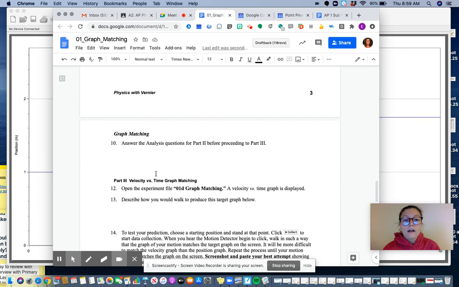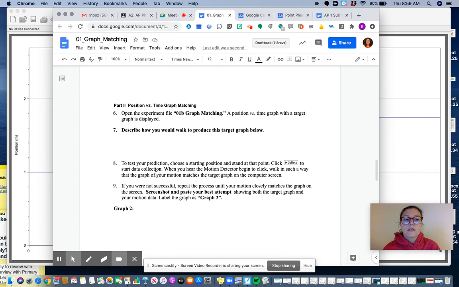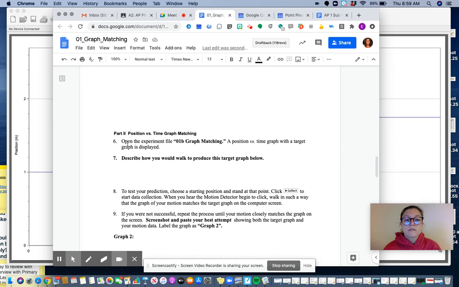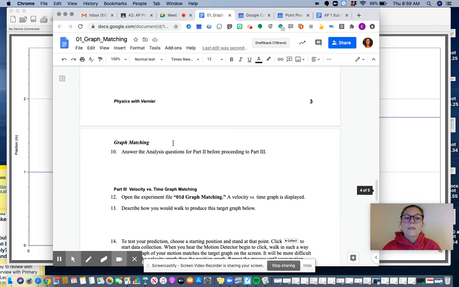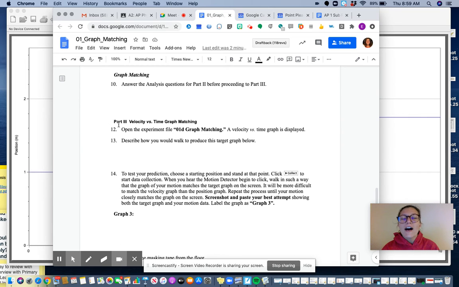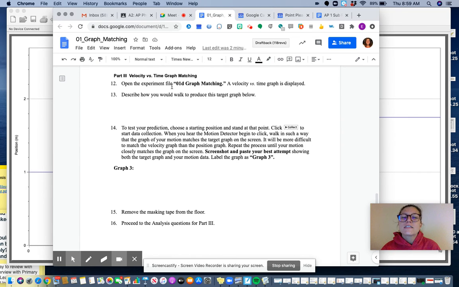So I'm going to scroll back up to where we see number 6. Underneath 6, it says open the experiment file. Oh, sorry. We're going to go to step 12, where it says open the experiment file O1D match graphing.